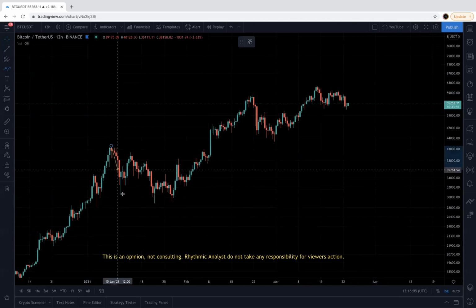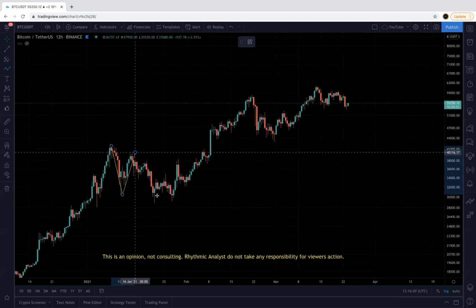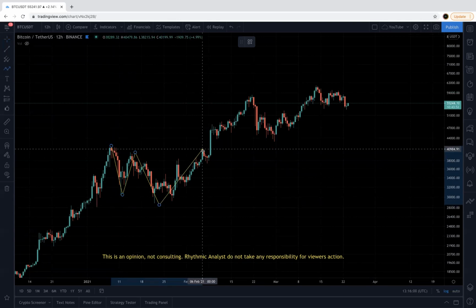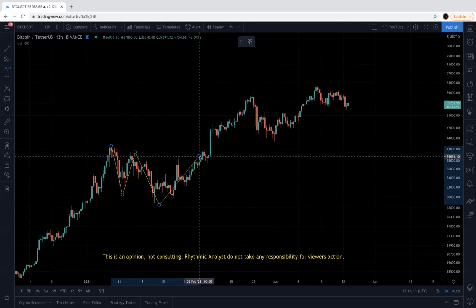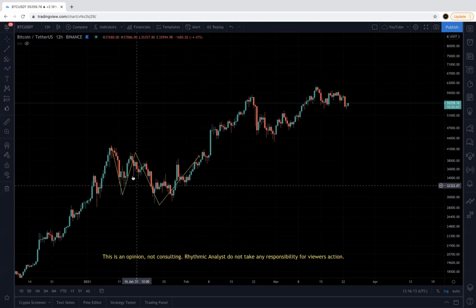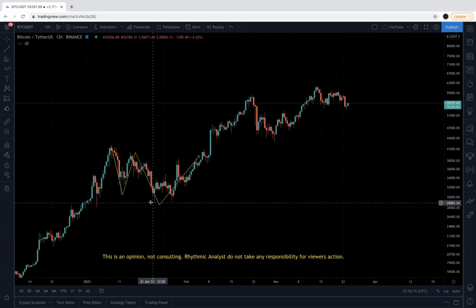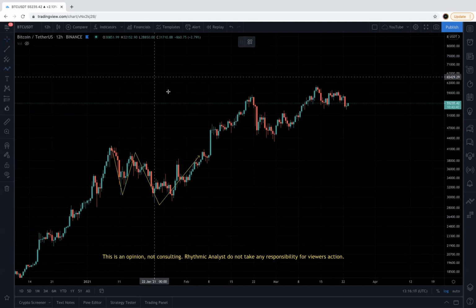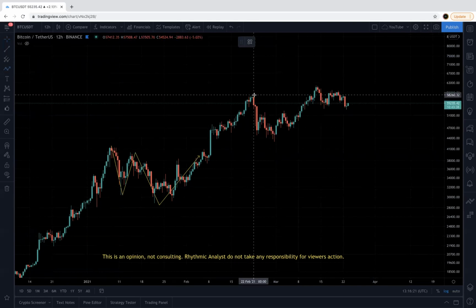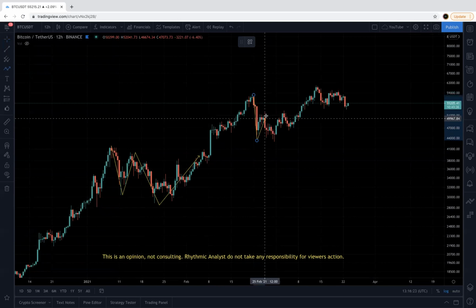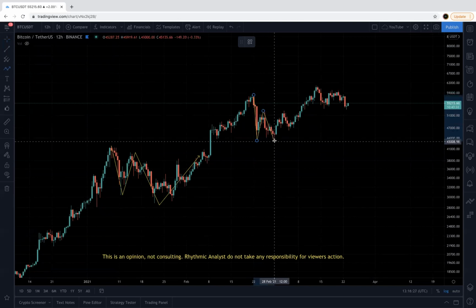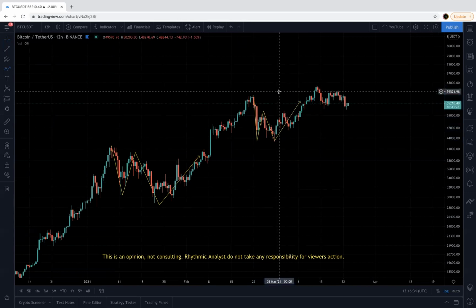So there was a dip and then a rise, and a dip and then a rise. So no need to measure, and this is not Elliott wave from any angle. It's just the shape that I'm trying to highlight. Dip, then rise, dip. This is a retest basically, and then rise.